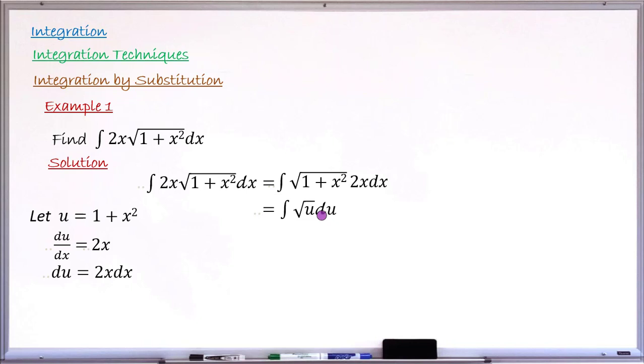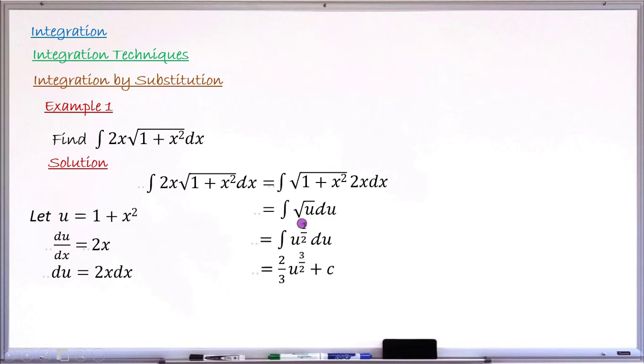So let me proceed. The square root of u is nothing but u raised to the power of 1 over 2. Remember that in indices. So there I'm finding the integral of this term with respect to u. Remember, for integration the power is increased by 1, and after increasing the power, you divide by that new power. So the integral of u raised to the power of 1 over 2 with respect to u would be u raised to 3 over 2, since 3 over 2 is 1 over 2 plus 1.